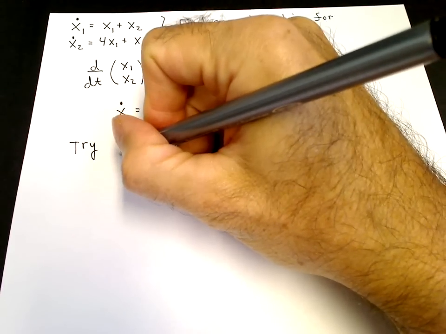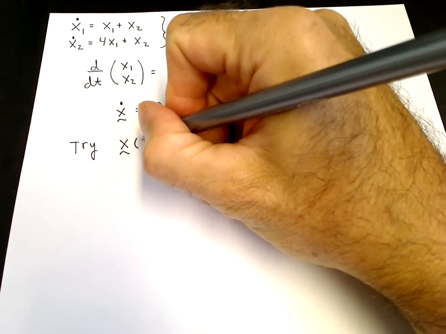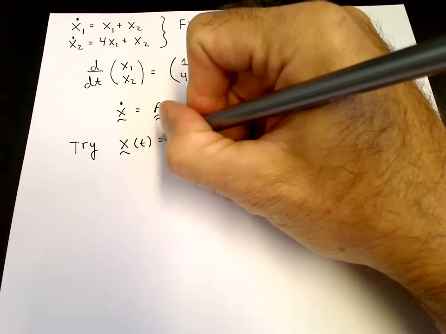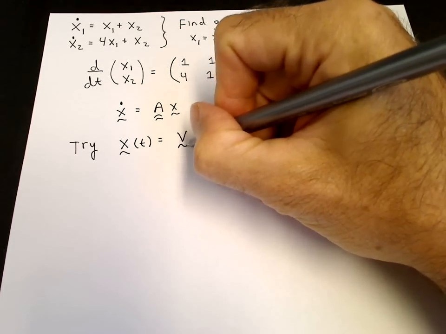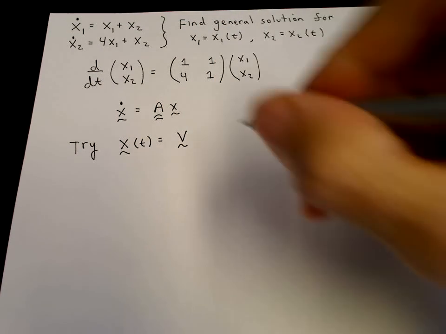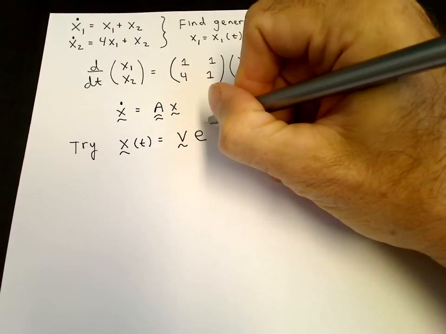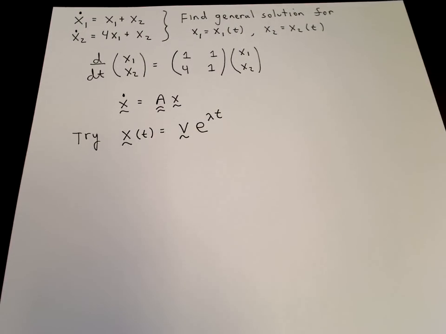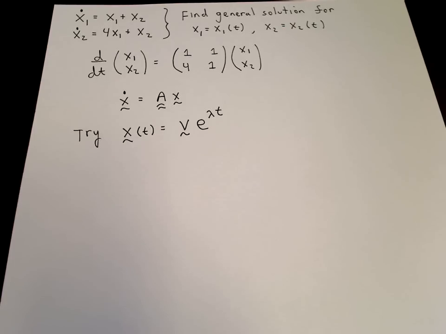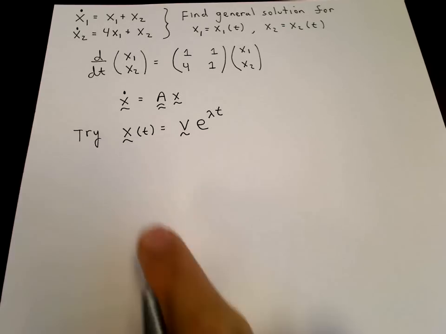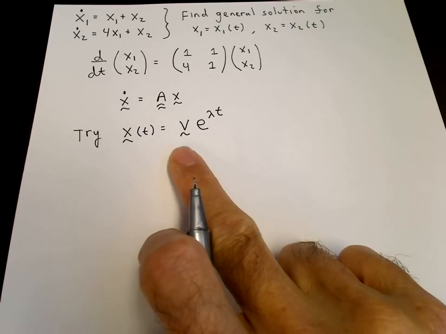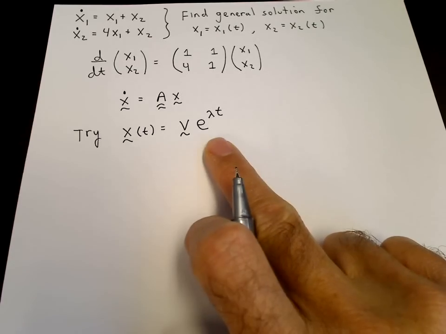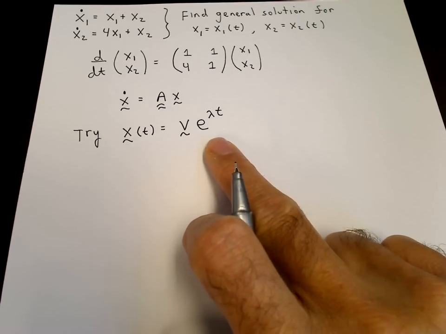So we try x as a vector, which is a function of time, equal to a vector which is independent of time, v, times our exponential function e to the lambda t. Now when we substitute in this ansatz, the derivative of x, because v is independent of time, will just bring down a factor of lambda.